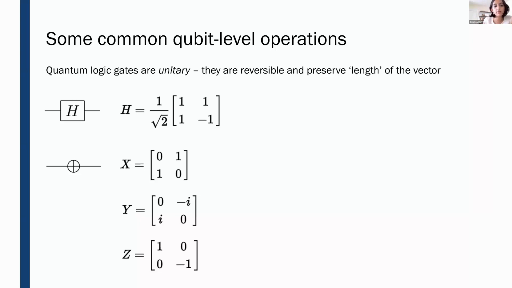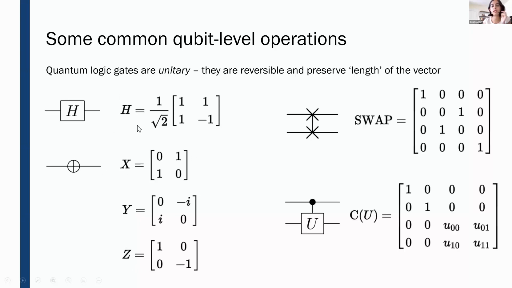Examples of common quantum logic gates would be a Hadamard gate, which sends a 0 to 0 plus 1 and a 1 to 0 minus 1. Then there are these Pauli matrices X, Y, and Z. These operations act on single qubits. Some 2-qubit operations would be, for example, a swap gate, which swaps the state of 2 qubits.